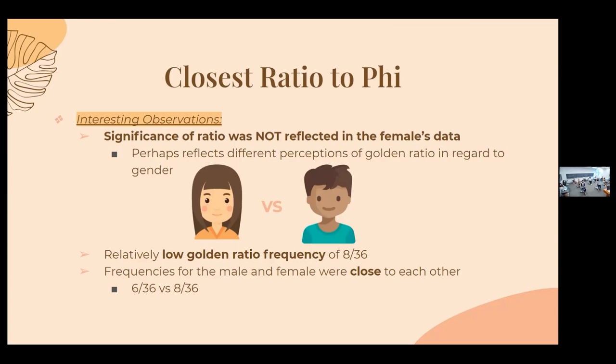Another important thing to note is that this particular ratio had a relatively low golden ratio frequency of only appearing around 8 out of 36 times, while the second closest ratio to phi in the male's data had numbers approximate to the golden ratio appearing around 24 out of 36 times. So very interesting. Another thing to note, however, is that the frequencies for the male and female in this particular ratio were close to each other, 6 versus 8.